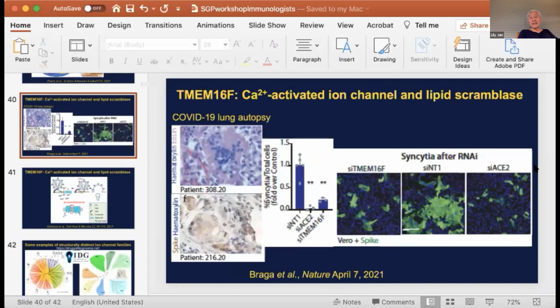It's one of the FDA approved drugs in the libraries they screened. And that took them eventually to TMEM16F. And so in this example, niclosamide blocks both the calcium activated chloride channel TMEM16A and TMEM16F.